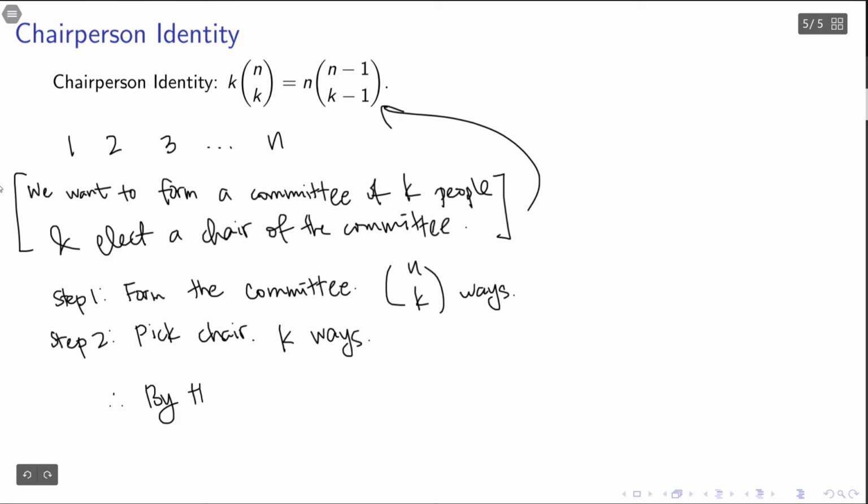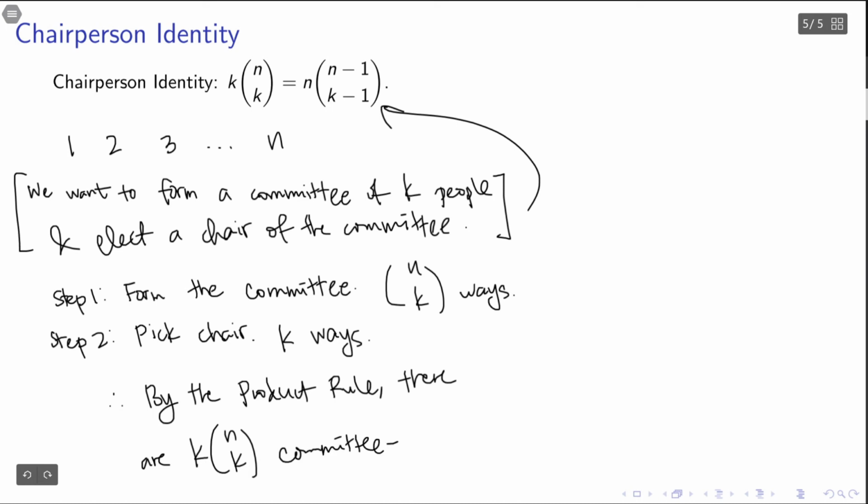Therefore, by the product rule, there are k times n choose k such committee chair combinations. So there are k times n choose k choices for the committee and the chair.